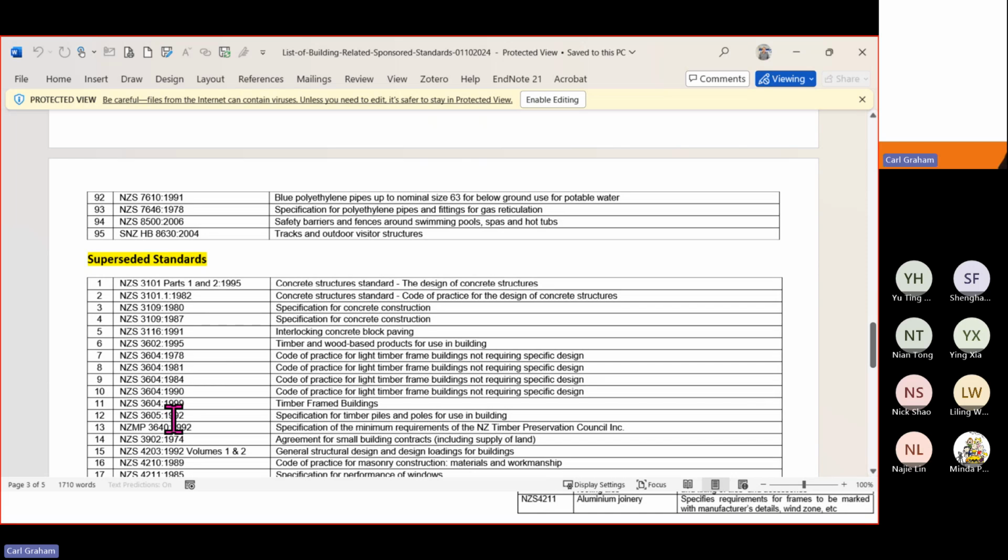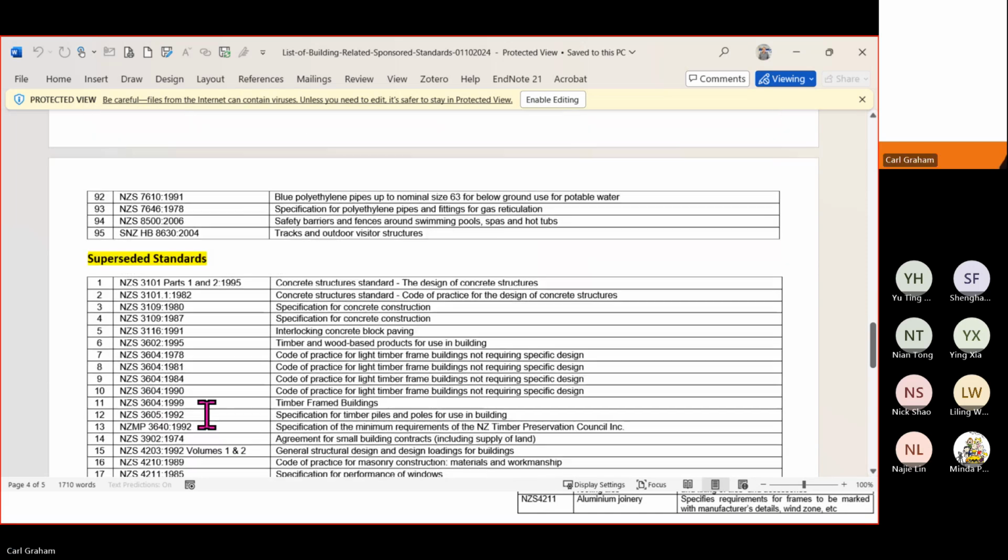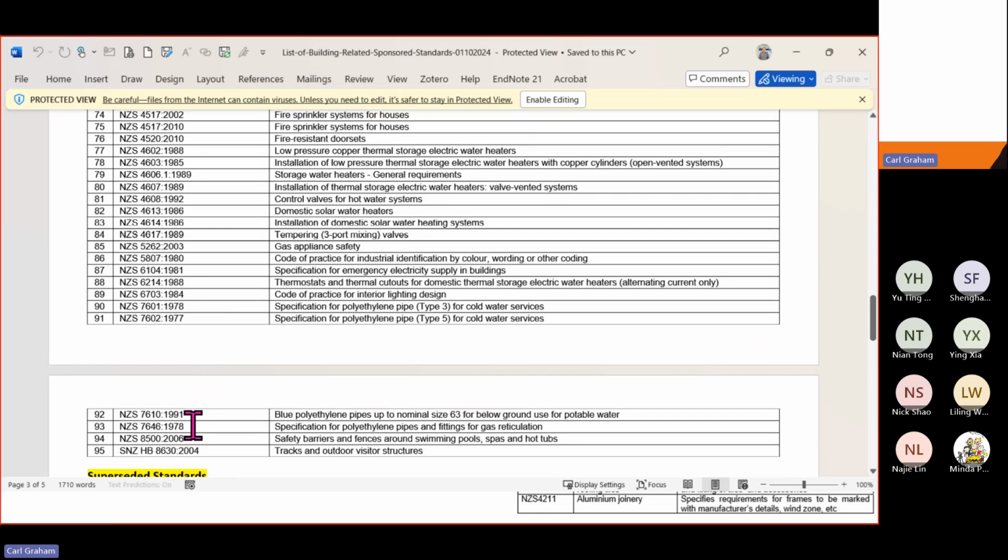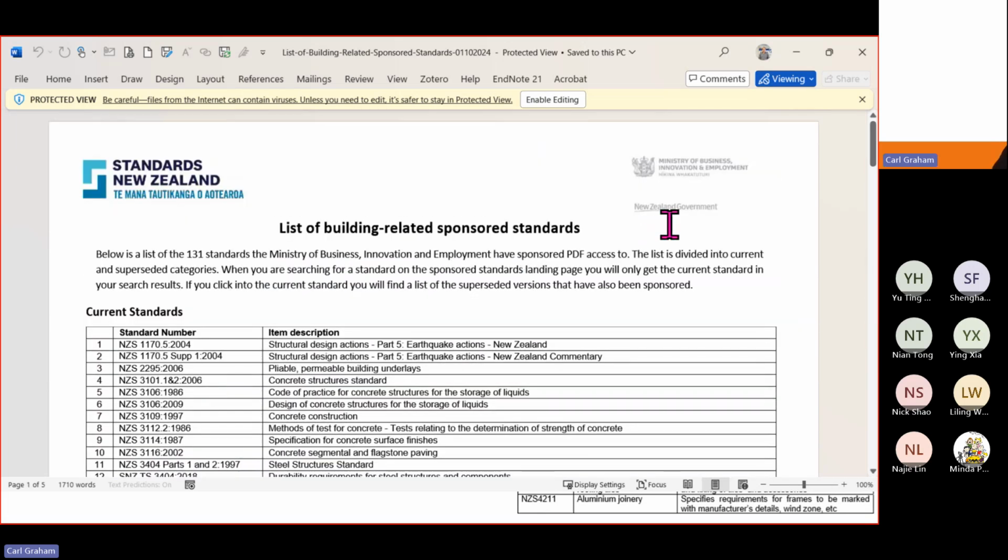So it's 3640. No, it's not. So yeah, and I guess they've got a date at the top of that somewhere. 131 standards have been sponsored by the government. Remembering that 3604 as a retail price is $450.